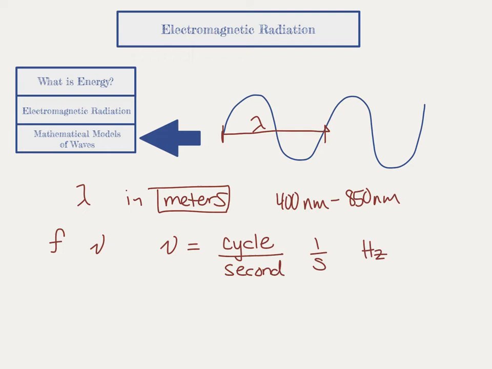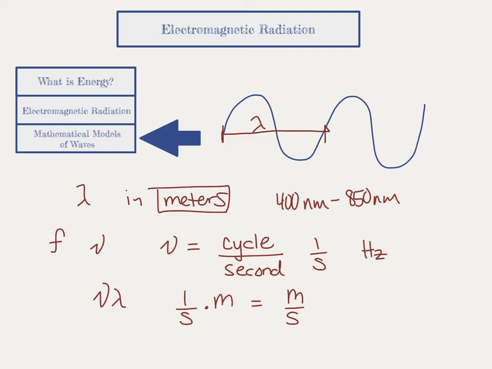The last thing we need to talk about is the speed of a wave. In general, this is the frequency multiplied times the wavelength. If you perform that calculation, you'll end up with units of 1 divided by seconds multiplying times meters, which get you units of meters per second, which we know from physics class is the unit for velocity or speed.